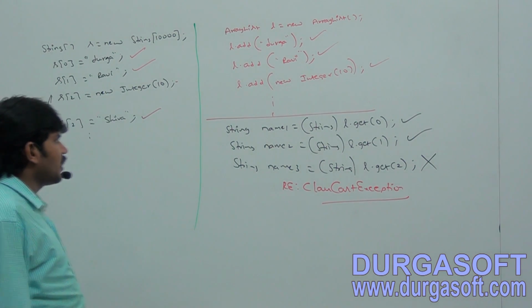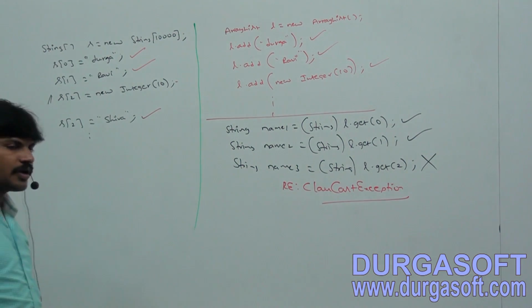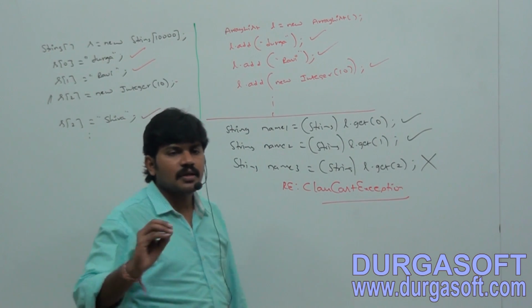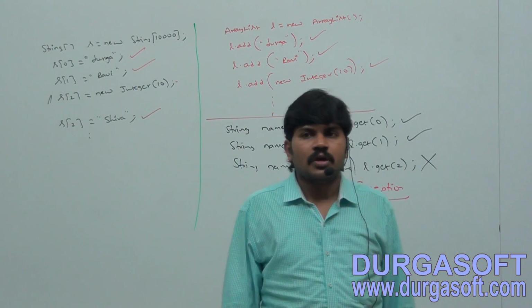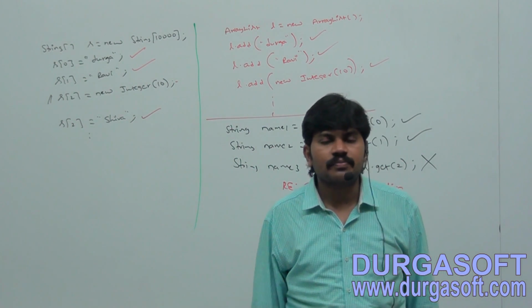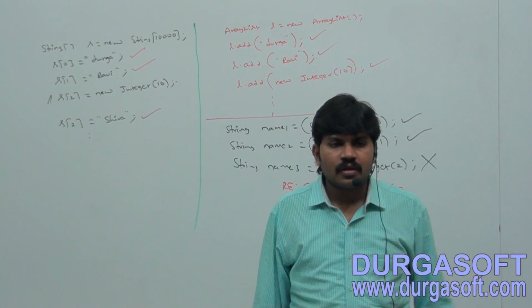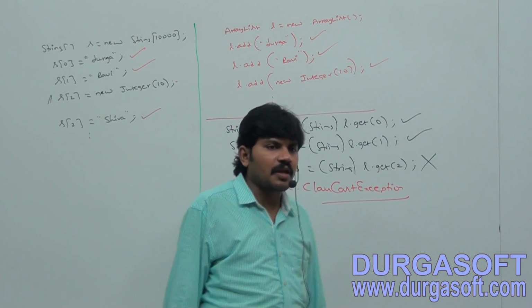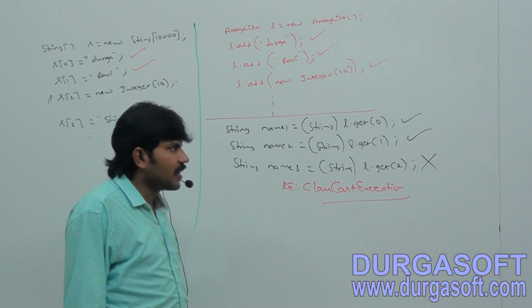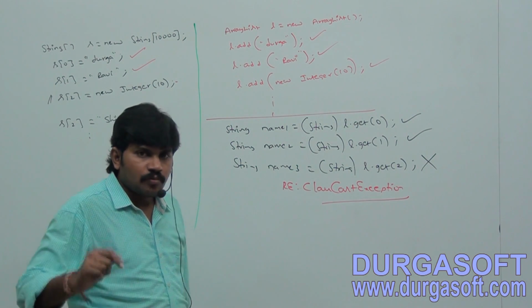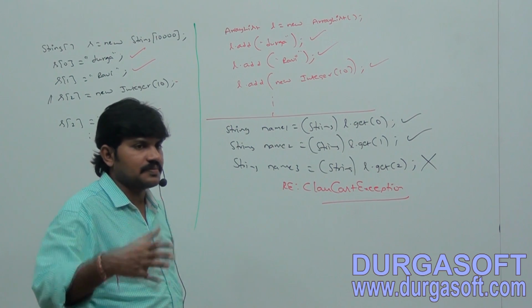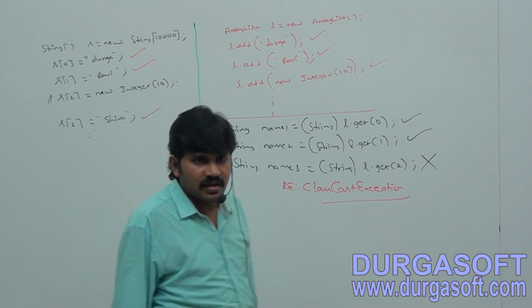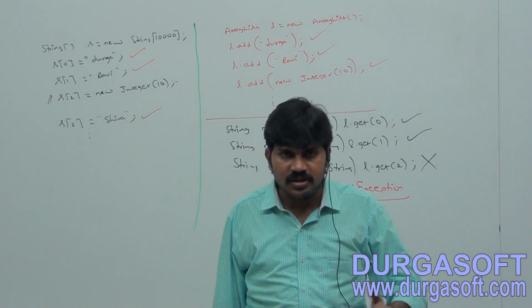Hence we can't give the guarantee for the type of elements present inside the collection.